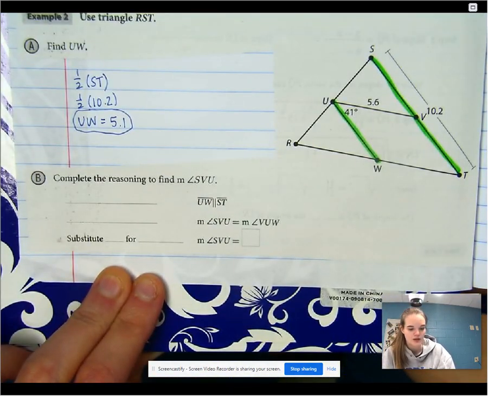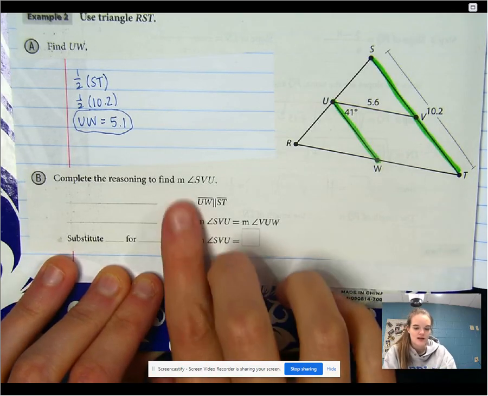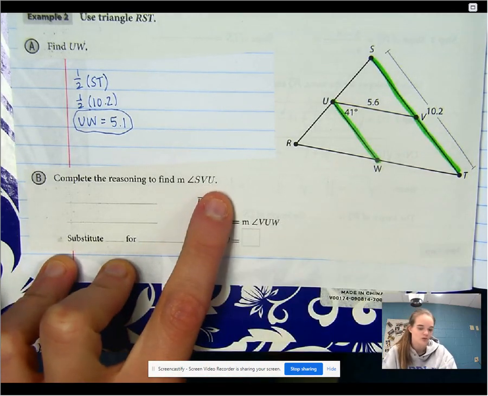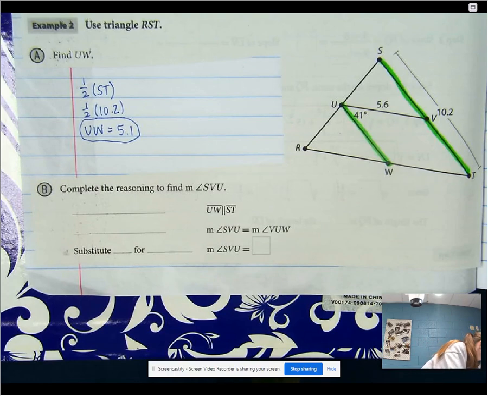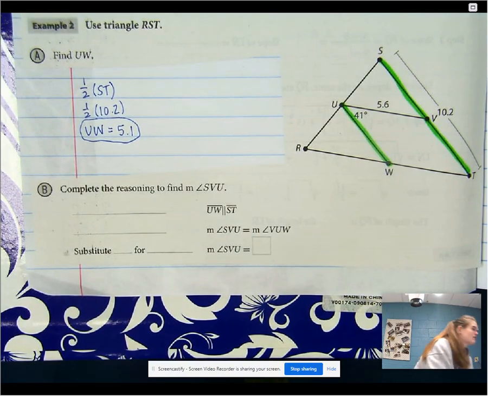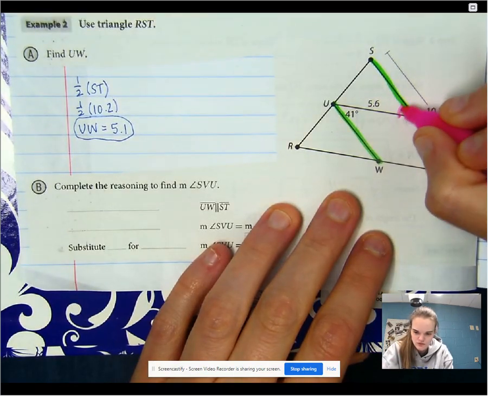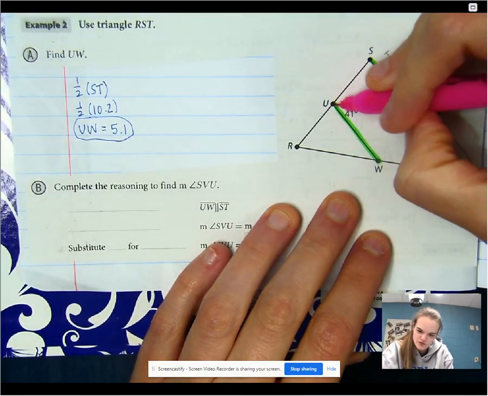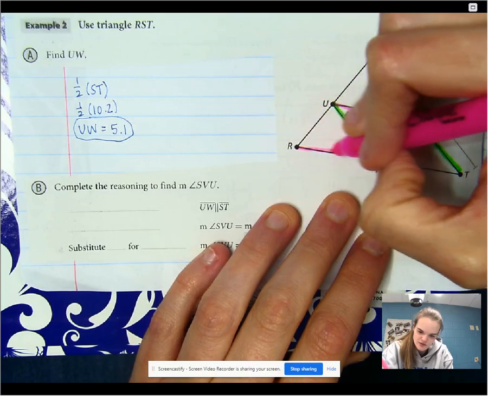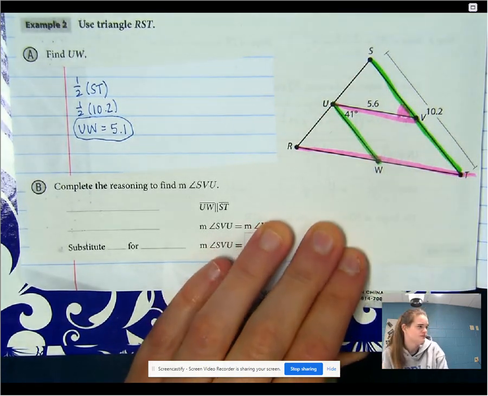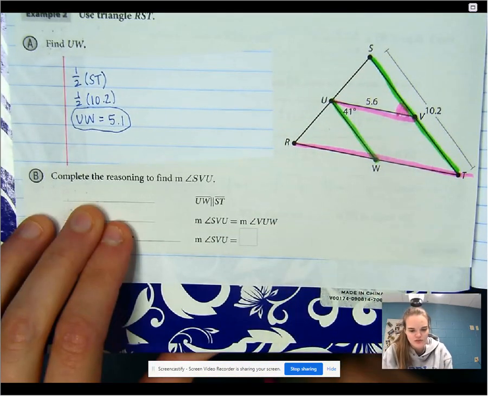Okay, example B. Find the measure of angle SVU. I'm going to grab a different color. SVU. Now, what helps us with this is this and this are parallel. Okay, so these two are parallel based on the triangle midsegment theorem.